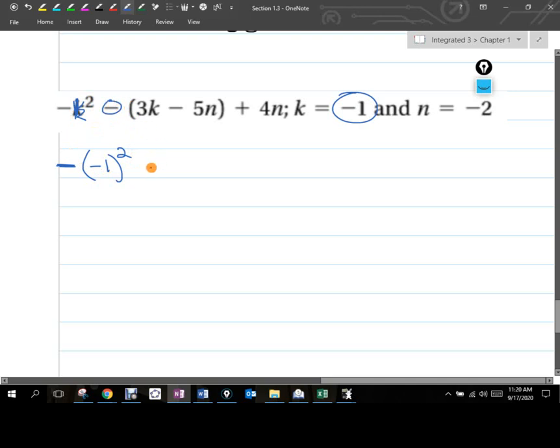So now this minus sign needs to stay. Then we have our 3. I'm going to put k in. Now here's the thing. If I don't put parentheses around the k when I put it in, I just put in -1. What's that look like I'm doing? 3 minus 1, right? But 3k means I should be multiplying by -1, right?